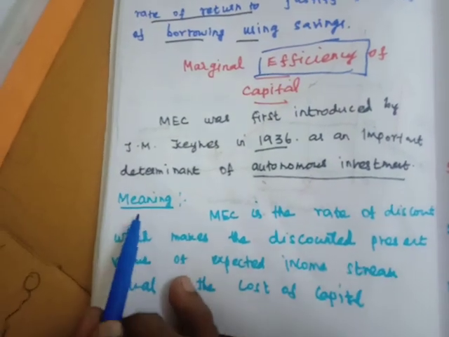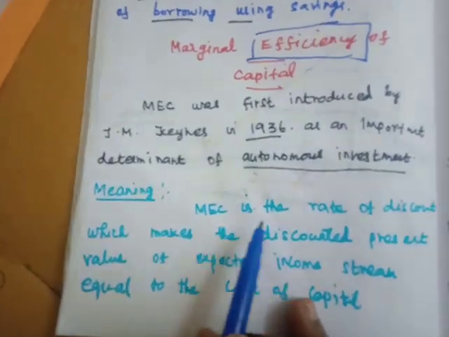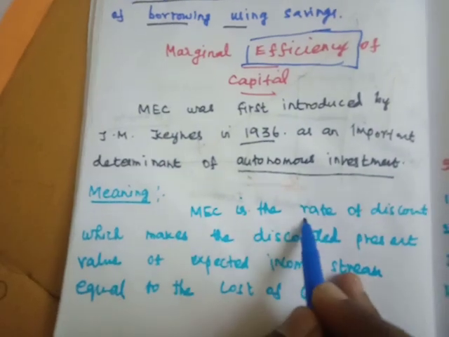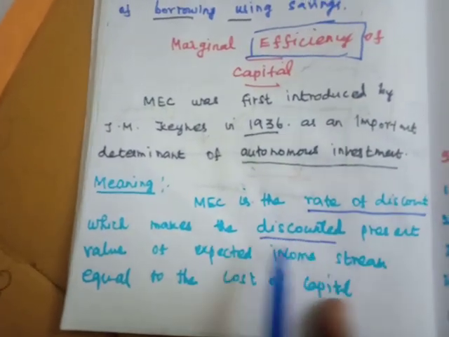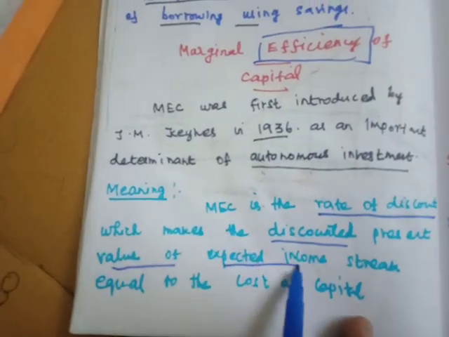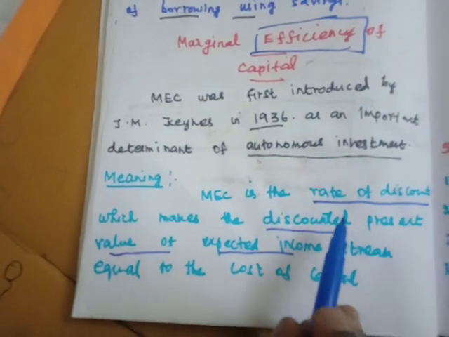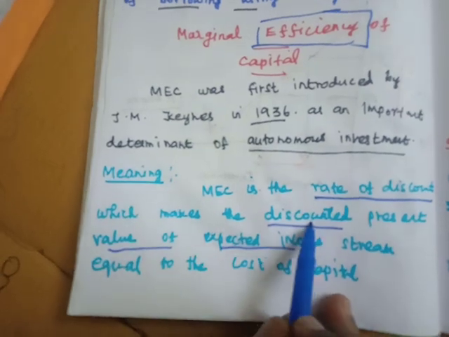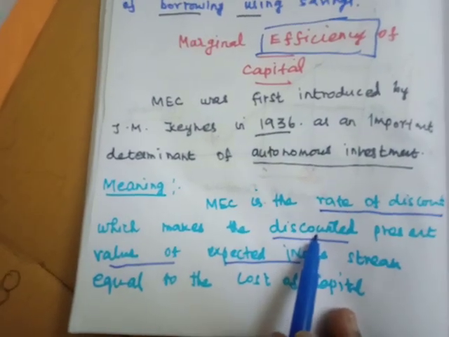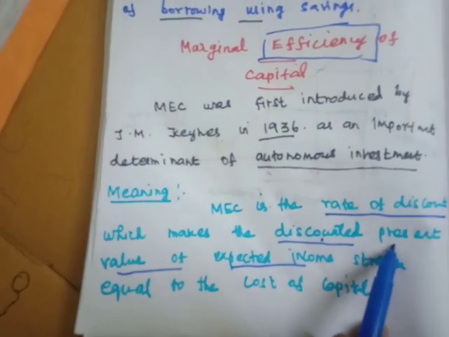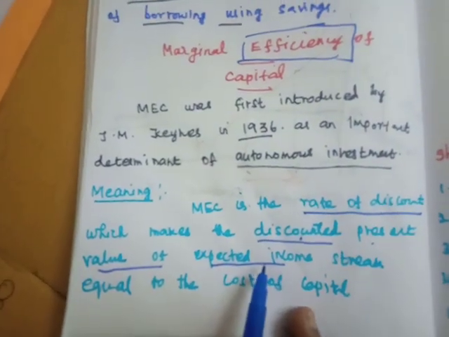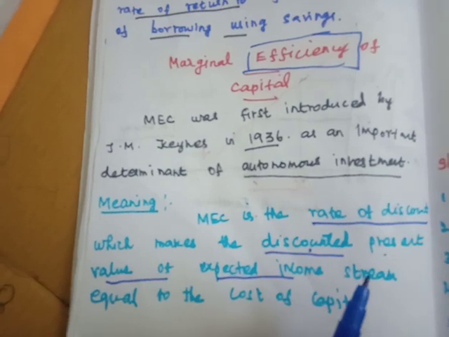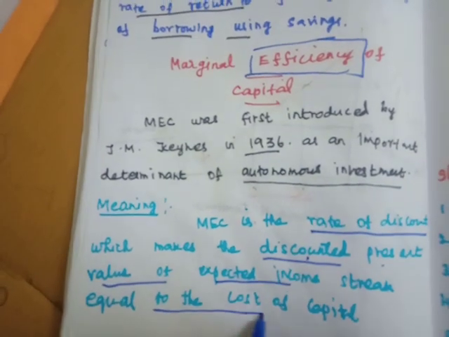Marginal efficiency of capital is the rate of discount which makes the discounted present value of expected income in any business equal to the cost of capital.